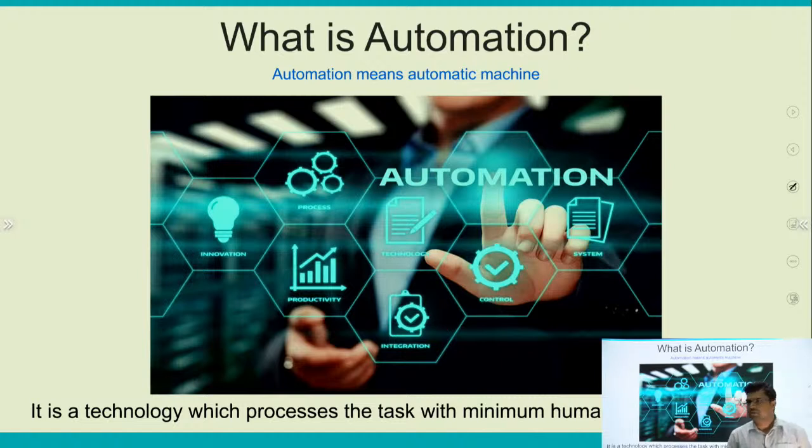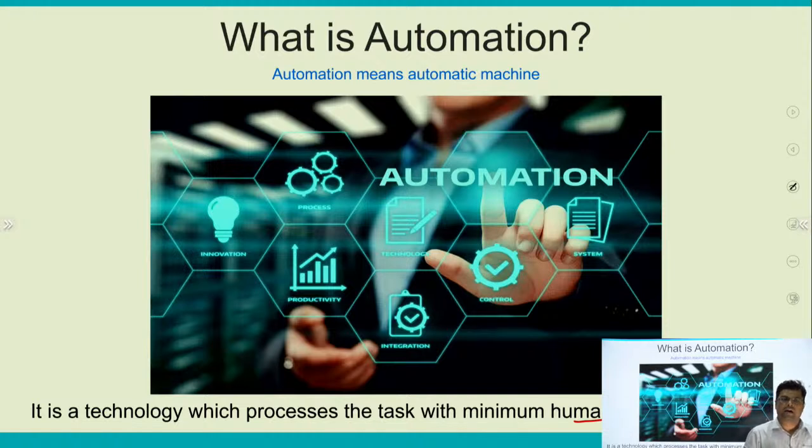So automation, simply said, is the automatic machine. This automatic machine does the process with minimum human involvement or interference. With minimum human interference we can do any small thing, for a commercial purpose or an industrial purpose.